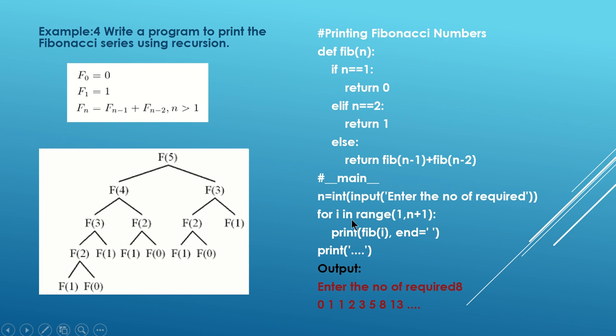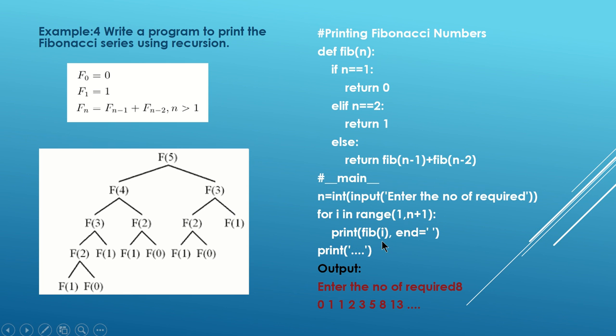So for i in range of 1 comma n plus 1. Why is it 1? The first element, for the n value 1, has the value 0. Since the range normally starts from 0, you would only get values up to n minus 1, but since you have started with 1, you have given the range as n plus 1. What are you printing?